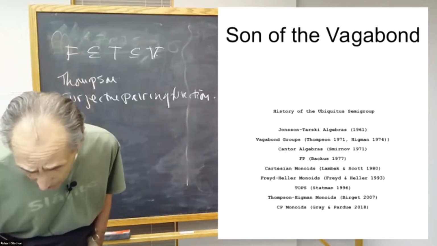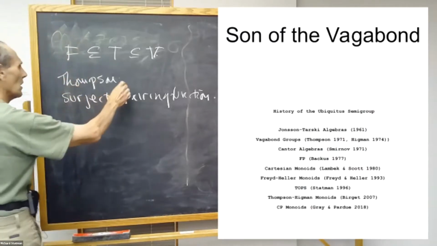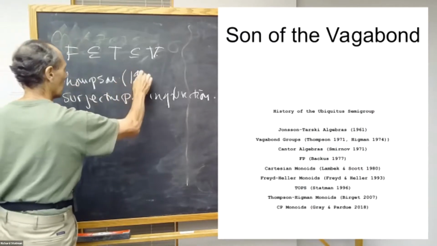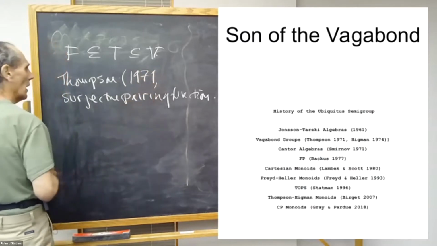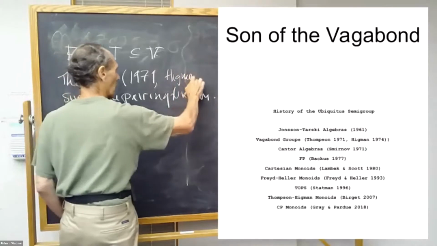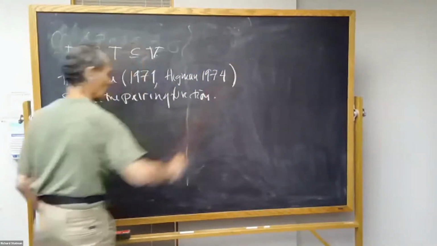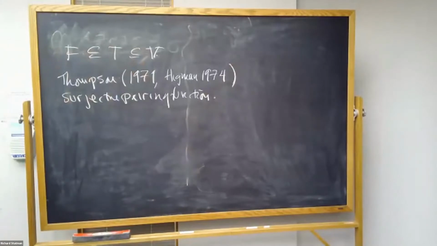Then the Thompson group was discovered by Thompson, and that's about in 1971. And it was generalized by Higman, 1974, that's Graham Higman. And the connection among all of these things will be clear a little bit later.